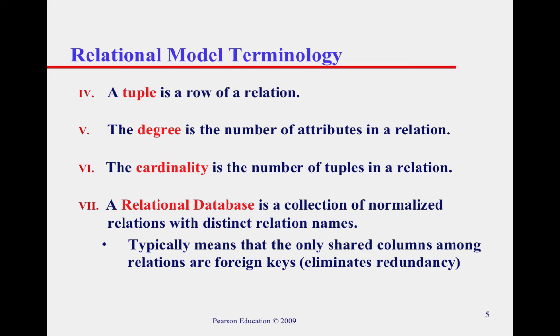By normalized, the keywords here are normalized and distinct relation names. And the meaning of the word normalized is right there. So the only shared information that we try to store in a relational database are what we call foreign keys.